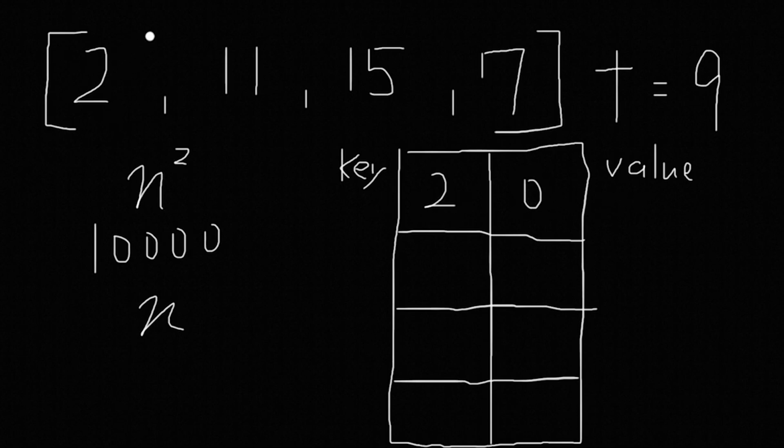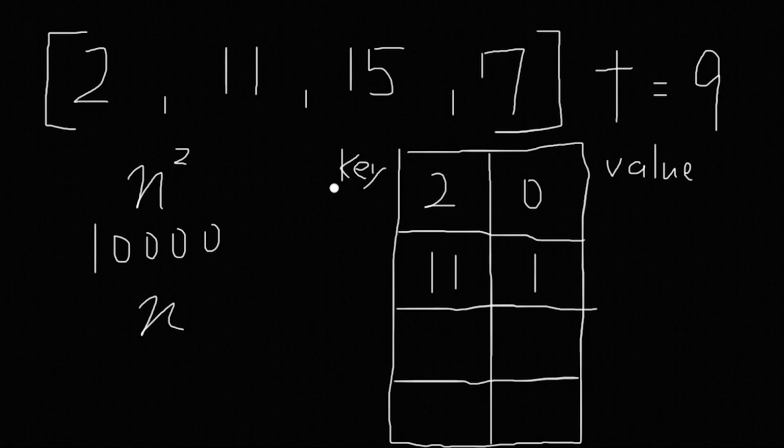And then move next. So 11, and the target is 9 again. 9 minus 11 is minus 2. We find minus 2 in the hash, but there is no minus 2 here. In that case, add the current number 11 as a key and the current index 1 as a value.